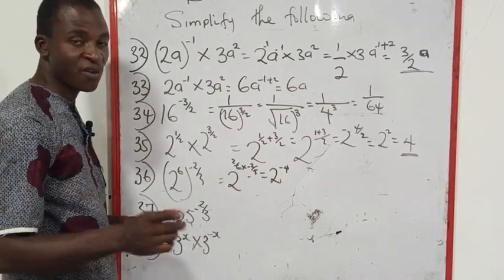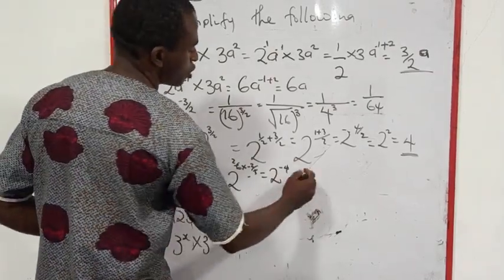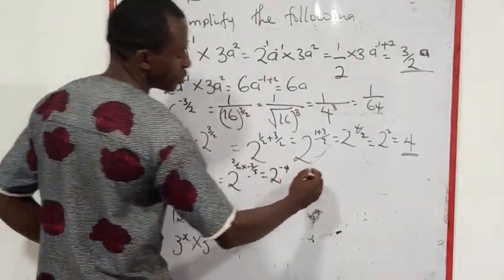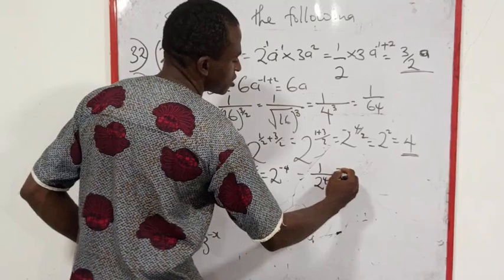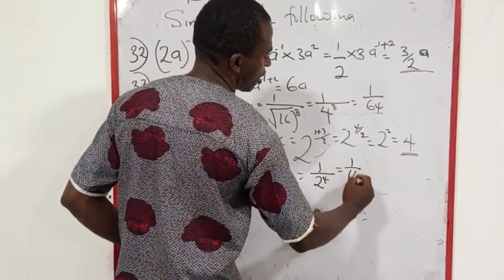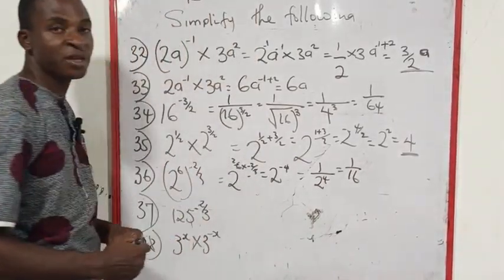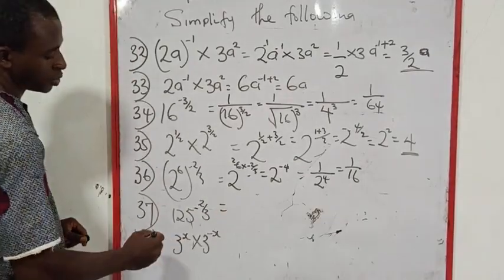Check my algebra if you have issues with all of these things. I've explained all these things before. So we're going to apply our fourth law of indices: 1 over the number removing the minus sign. So we have 1 over 16, because 2 times 2 times 2 times 2 will give us 16.